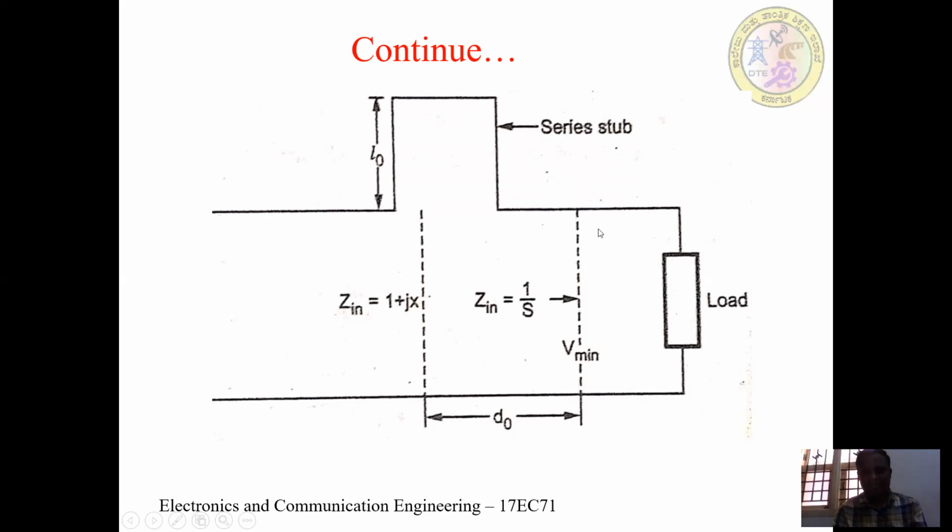Here also the voltage minimum is identified, Yn is minus and Zn is 1 plus jXn. D naught is the distance from the voltage minimum to the point where the stub is going to be connected, and L naught is the length of the stub.